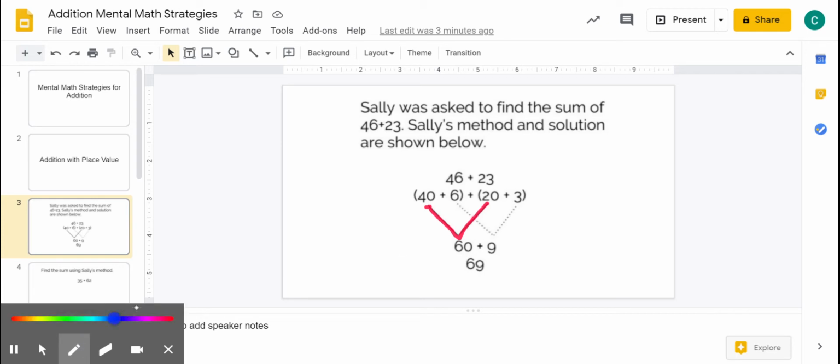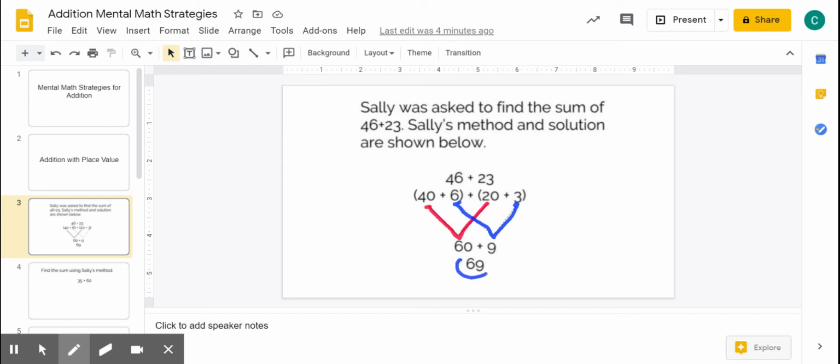Next, they would add 6 plus 3, which is the ones place, which gives them a sum of 9. And then the ultimate goal is to have the student add the tens and the ones together so that it can be the standard form. So 60 plus 9 gives us a sum of 69.